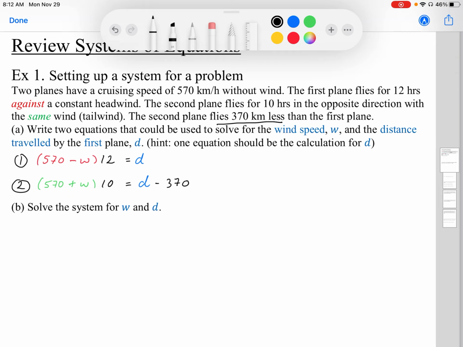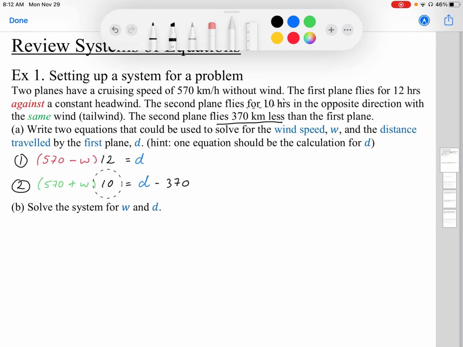So in both cases, we have velocity times time equals the distance. Okay, so that's the velocity of the first plane, time for the first plane, distance for the first plane. It has to all coincide. Velocity for the second plane, since they're going with the wind, they travel a shorter distance.